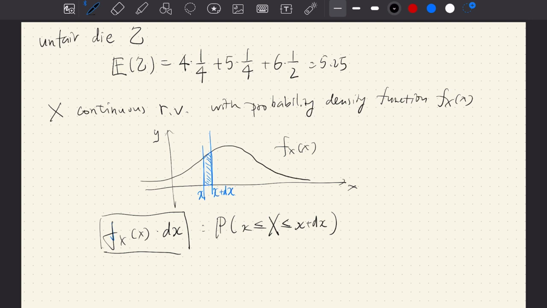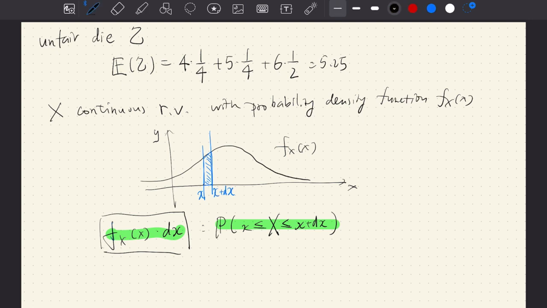Notice that the capital X means the random variable, and here we are using small x to represent this particular x coordinate. So the expression on the left is the probability of this random variable X being between x and x plus dx.